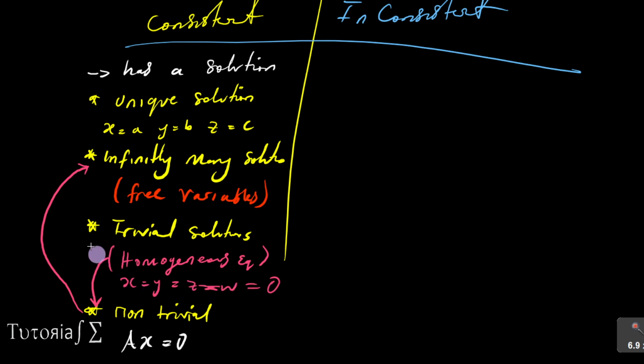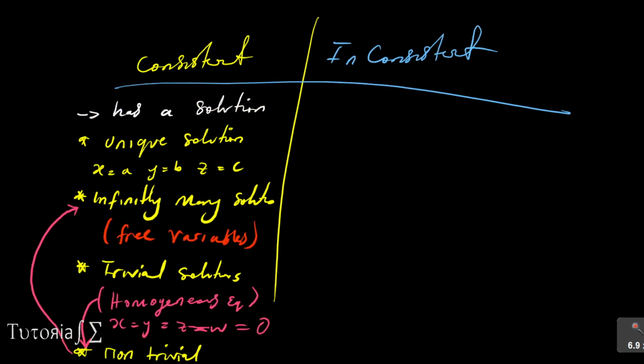This is a simple solution because if you replace x, y, z with 0, the equations will be satisfied. That is why it's called a trivial solution. For a non-trivial solution, this is where we get an infinitely many solutions case. That is for homogeneous.